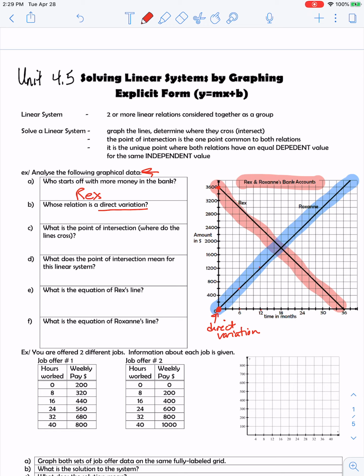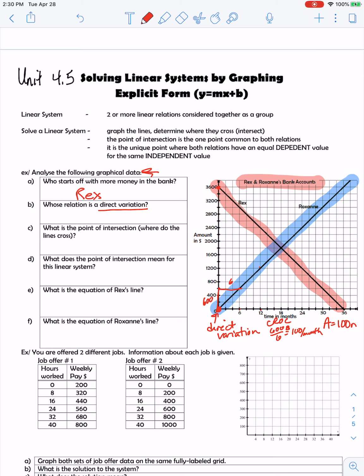For her equation, because she starts at 0, if I do a little rise over run, the rise is 600 and the run is 6, so the slope is 600 over 6, which is $100 per month. She starts off with nothing, so the amount in her account is $100 times the number of months that have gone by, and I'll use N for number of months.